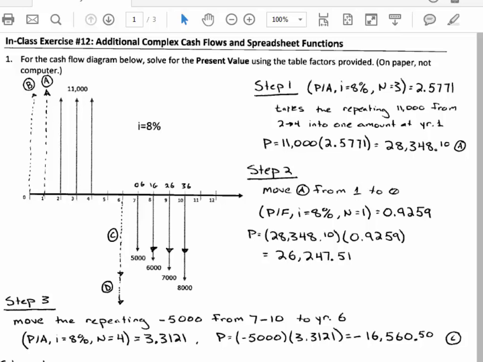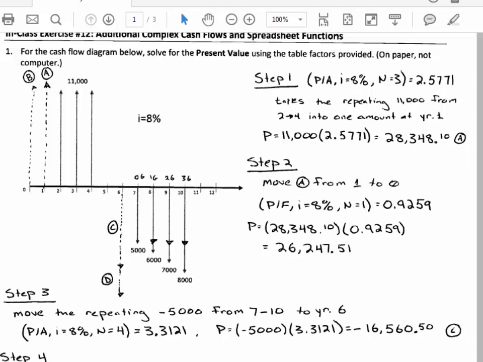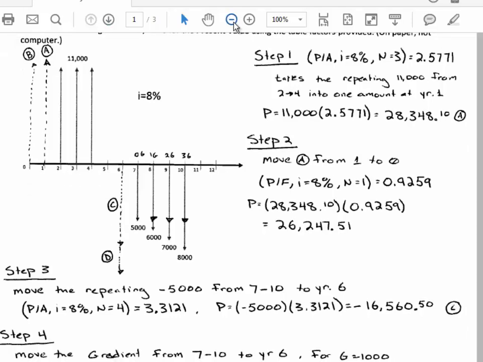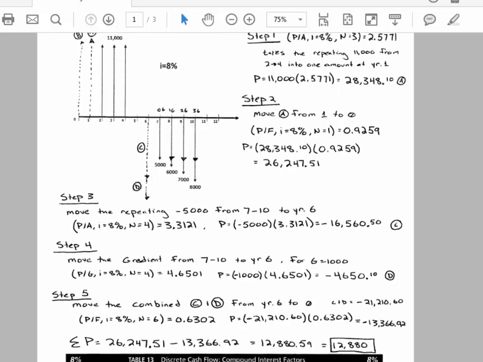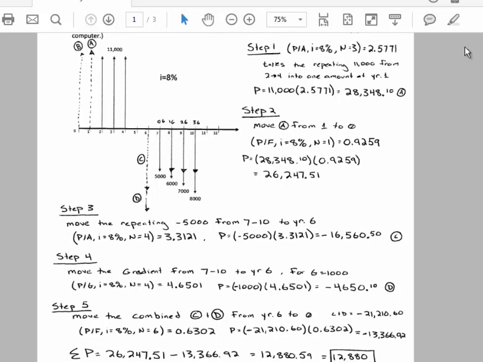Okay, maybe the next one's a little bit more tricky because it's got a gradient. Let me scroll down. I'll actually zoom out so we can still see the cash flow diagram. All right. So I started with the annual series, the 5,000 each time, and we've got 1, 2, 3, 4 payments.